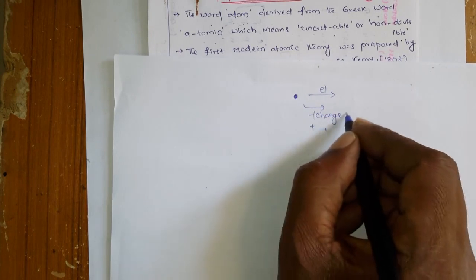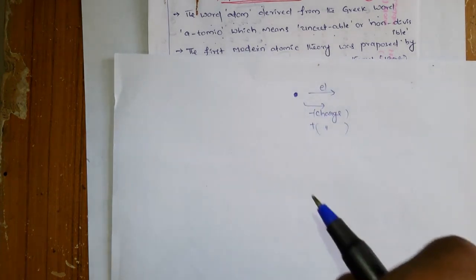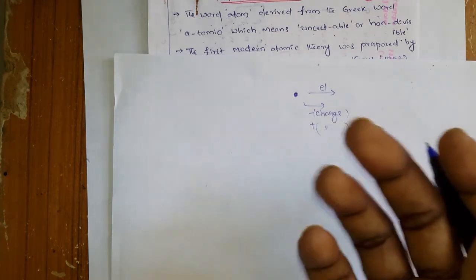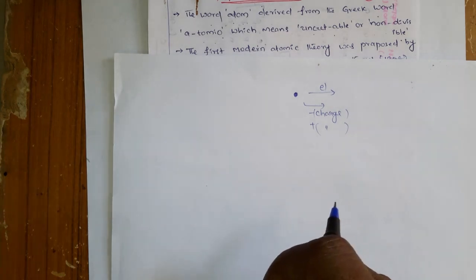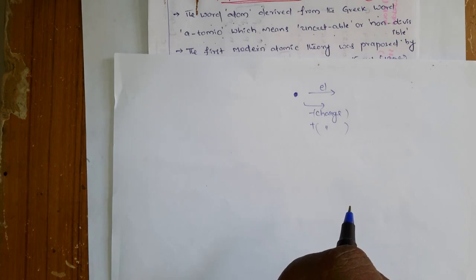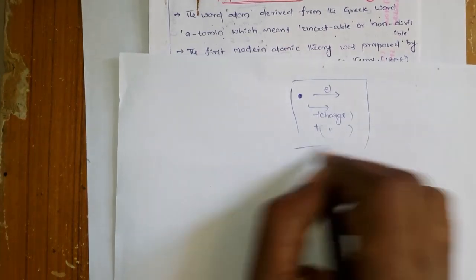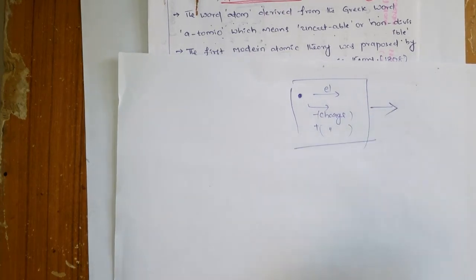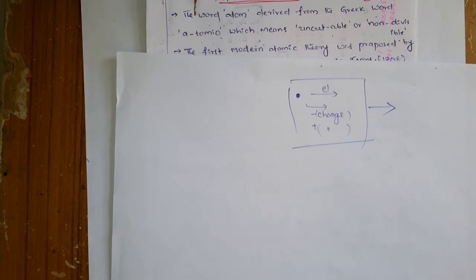Charge means the particle is losing something or gaining something. So they came to know that the atom was not indivisible, something is there inside it. And with this the scientists again started finding what is inside the atom.